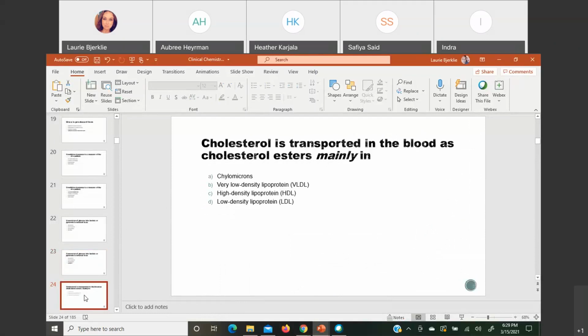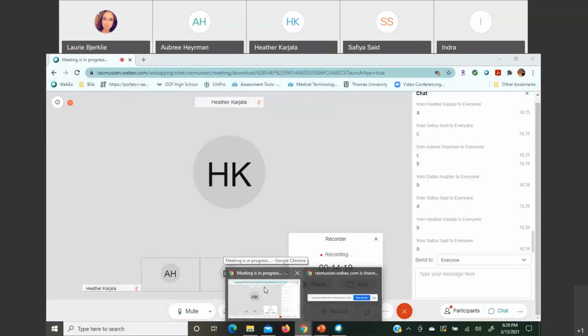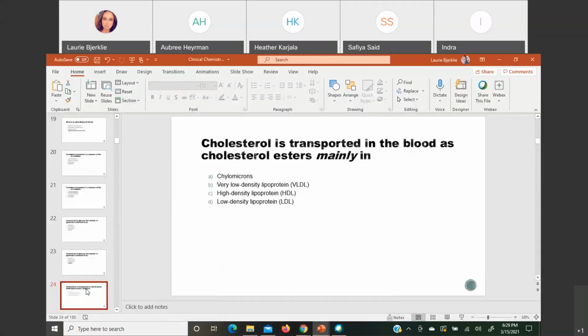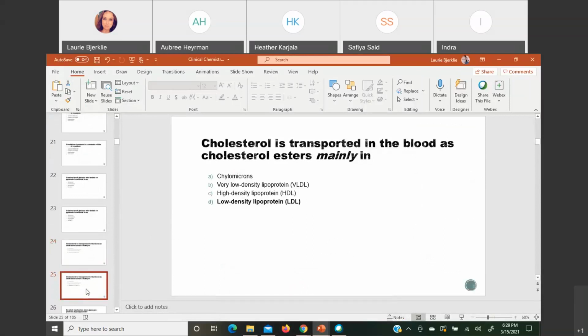Cholesterol is transported in the blood as cholesterol esters, mainly in what form? So how is cholesterol mainly transported? All right. So in this case, it is LDL. LDL, which is what we always call our bad cholesterol.